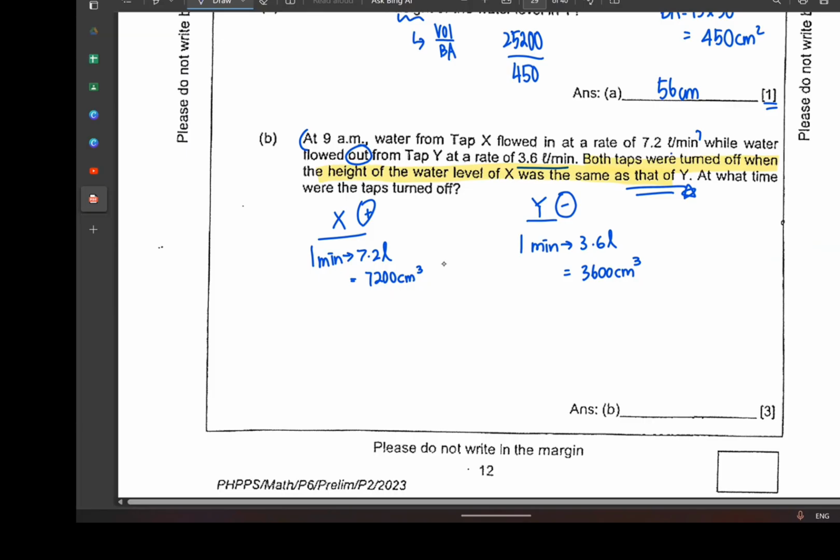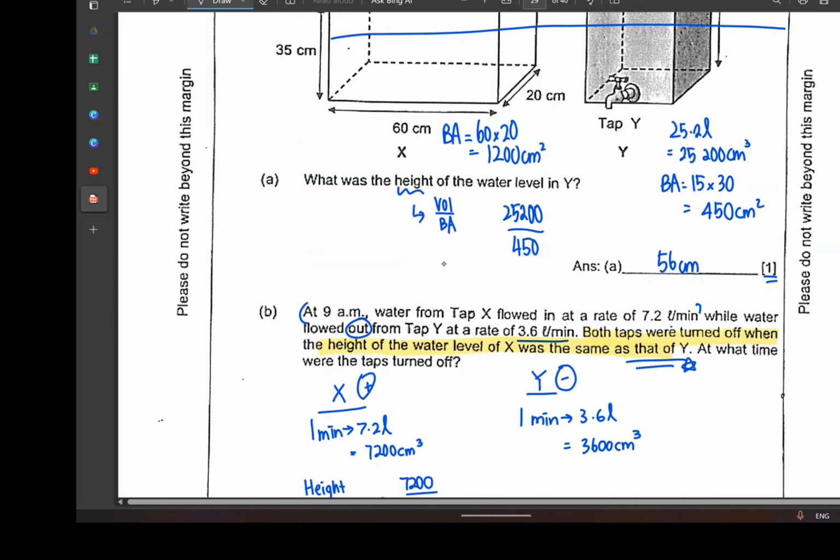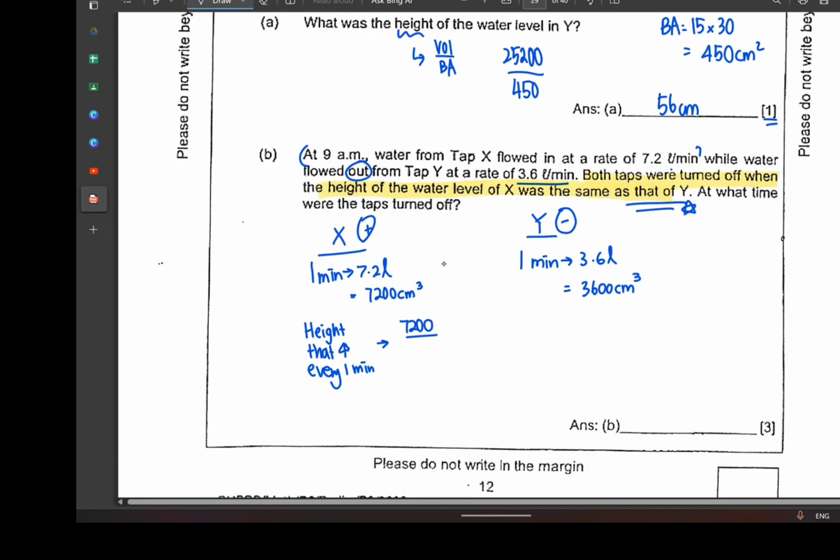Now, what you want to do is find the height that increases every 1 minute. Since you are finding the height, we just have to do 7,200 divided by the base area of X, which is 1,200. So we know for X, it will increase 6 centimeters every minute, plus 6, every minute plus 6.